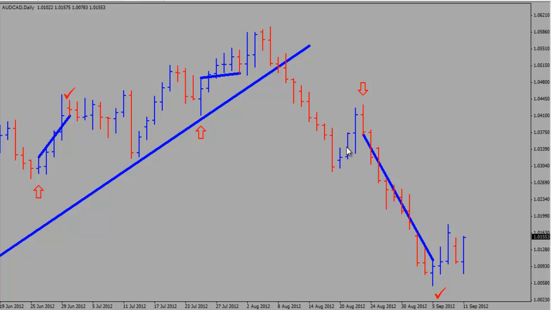So we can see for ourselves, these reversal bar formations give us great entry signals and exit signals. Again, the entry signal followed by the exit signal, and again, the entry signal followed by the exit signal.